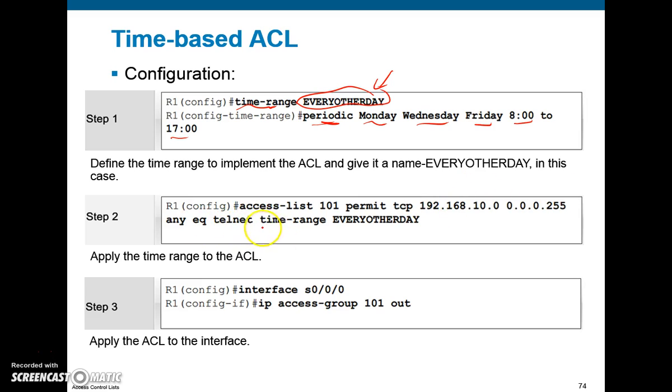The additional thing you will write is that this access control list will only be activated by the time range called every other day, which is every Monday, Wednesday, Friday, 8 to 5. Then similarly, you can apply this ACL using the same command, IP access group. So that's for time-based ACL.